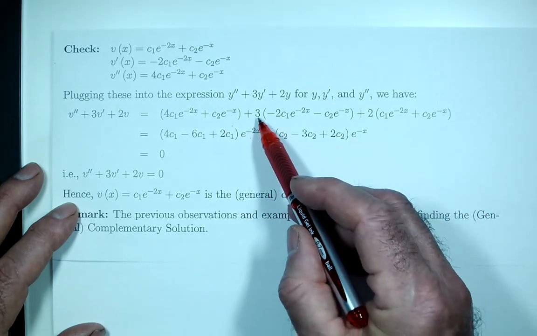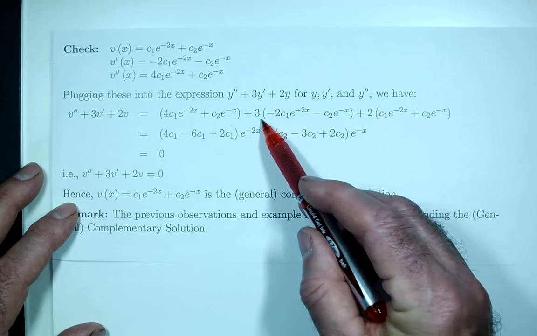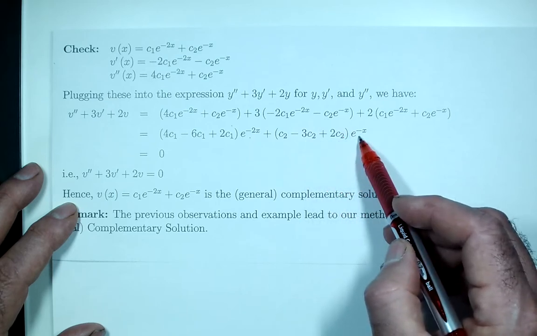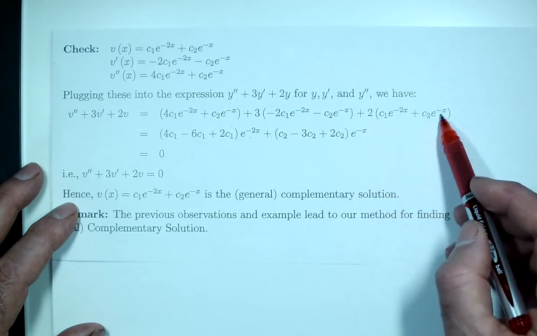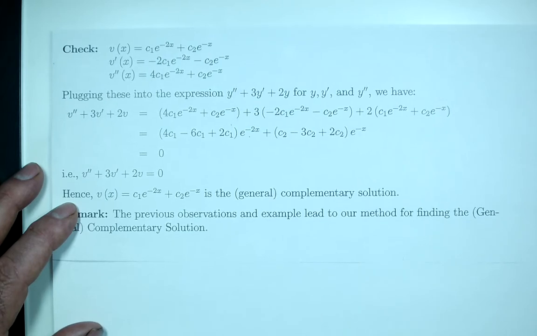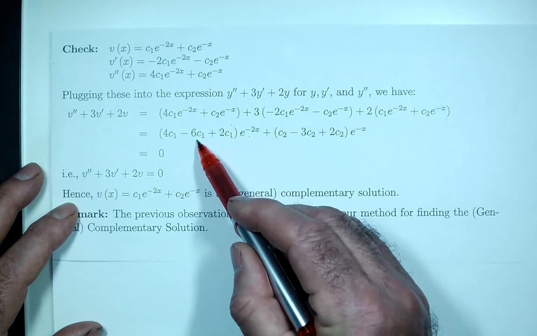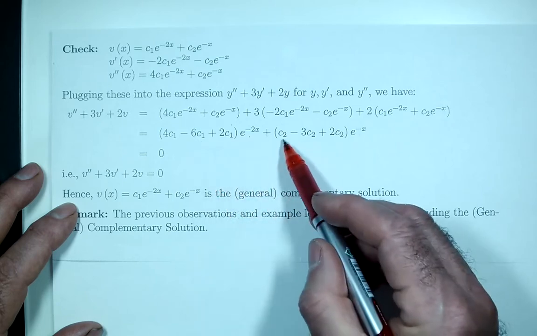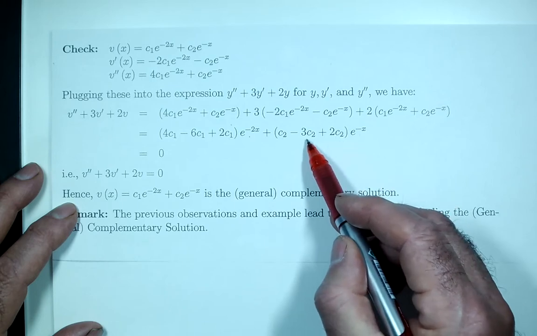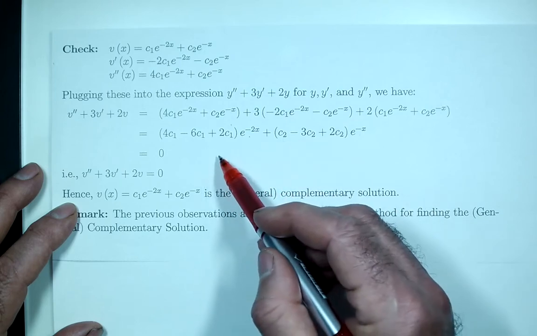And I've got 3 times negative c2 e to the negative x, so that's negative 3c2 e to the negative x. And I've got 2c2 e to the negative x. Well, what happens here? 4c1 plus 2c1 is 6c1 minus 6c1 is 0. c2 plus 2c2 is 3c2, minus 3c2 is 0. Okay, this whole right side is 0.